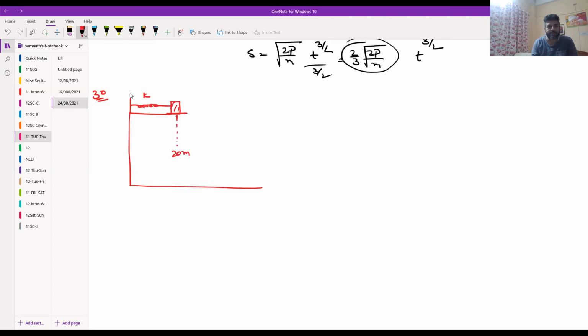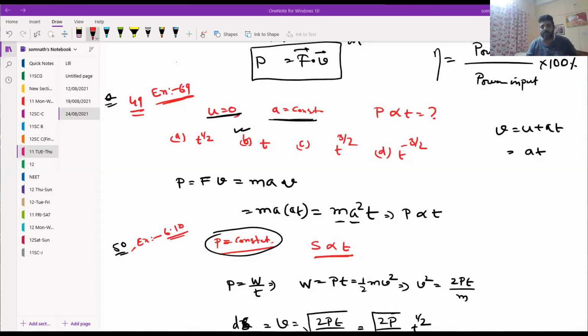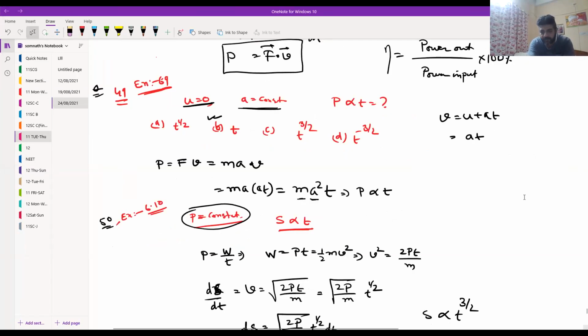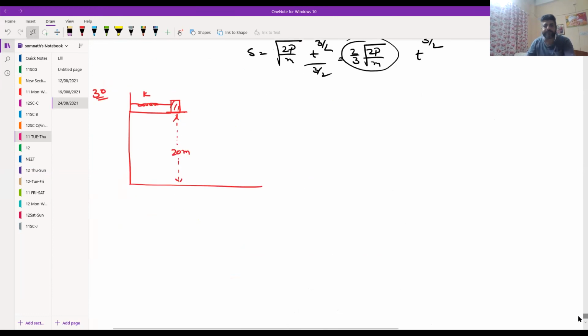Okay, so এটাকে এইভাবে করে এখানে পড়বে। So the question is find out the range.